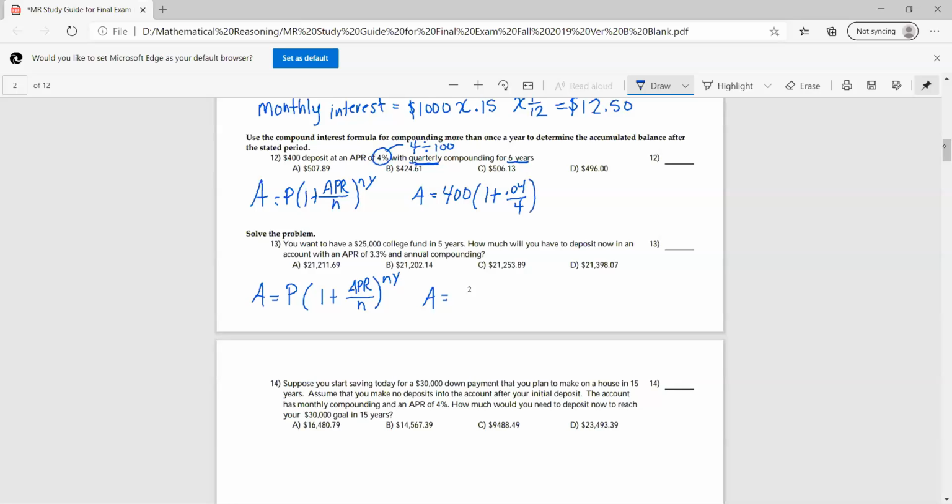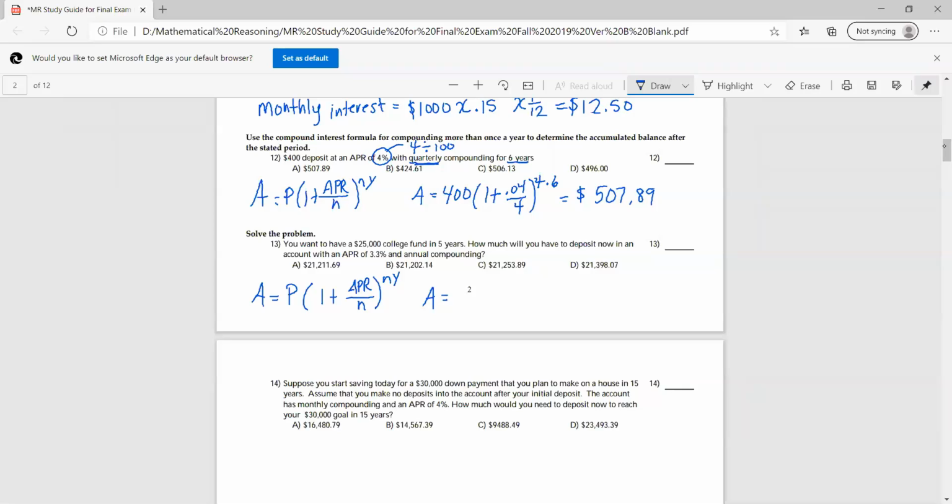Then we're going to raise that to N times Y. So N is the number of times it happens a year, times the number of years, and it says that this happens for 6. We're doing this 6 years. So when you calculate that in the calculator, you're going to get $507.89.